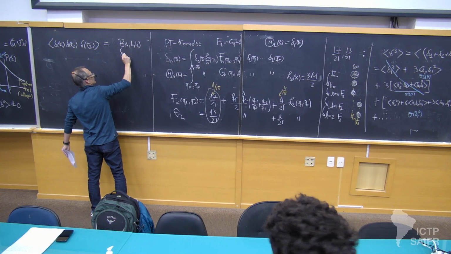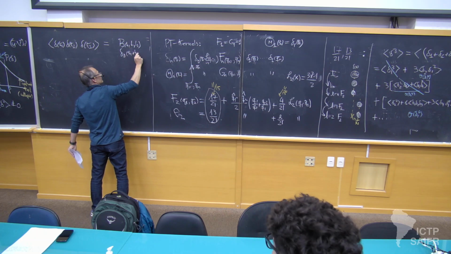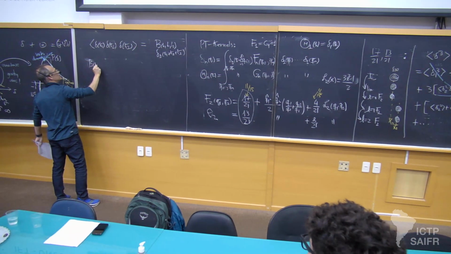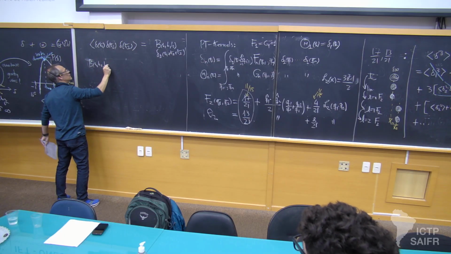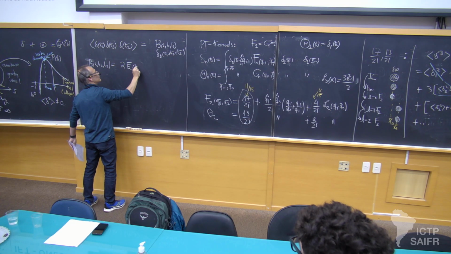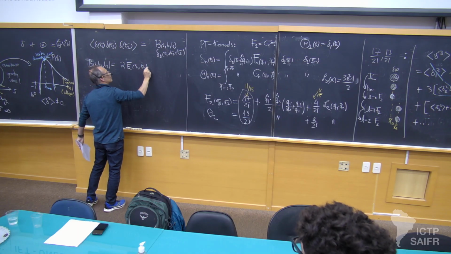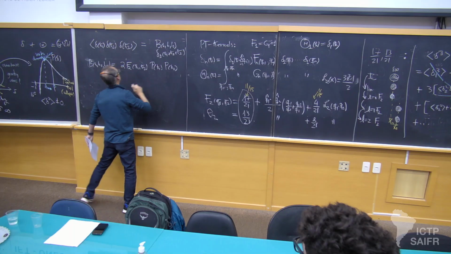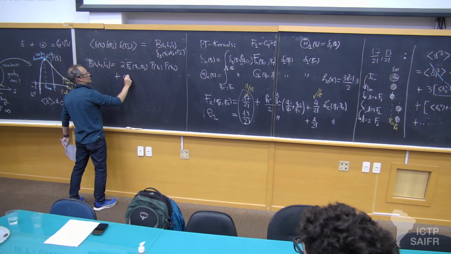And it will be an overall delta function by translation invariance. And the result will be, and all the cyclic combinations.